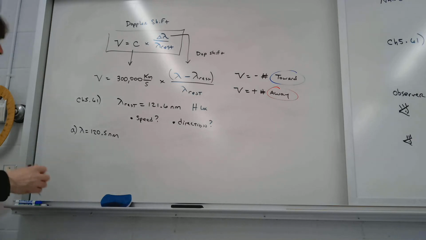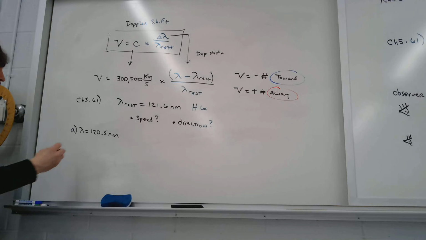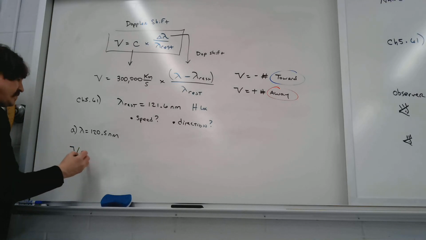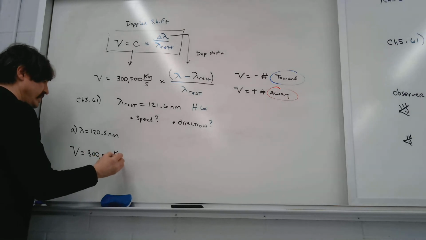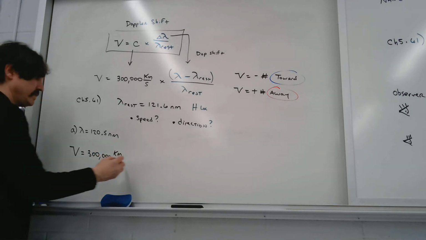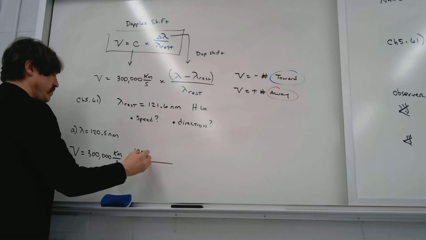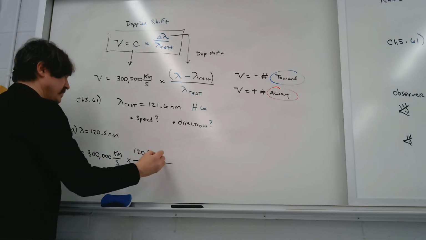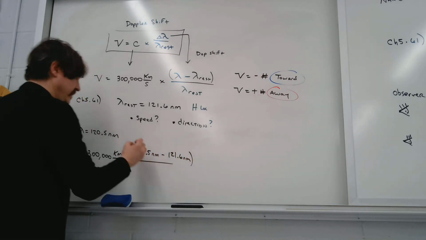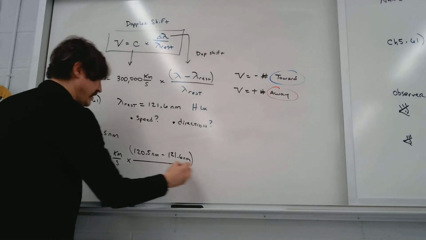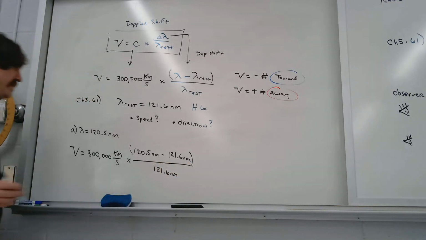So, observed wavelength, rest wavelength, let's apply the formula. The speed of the star will be the speed of light, 300,000 kilometers per second, times 120.5 nanometers minus 121.6 nanometers divided by a rest wavelength of 121.6 nanometers.